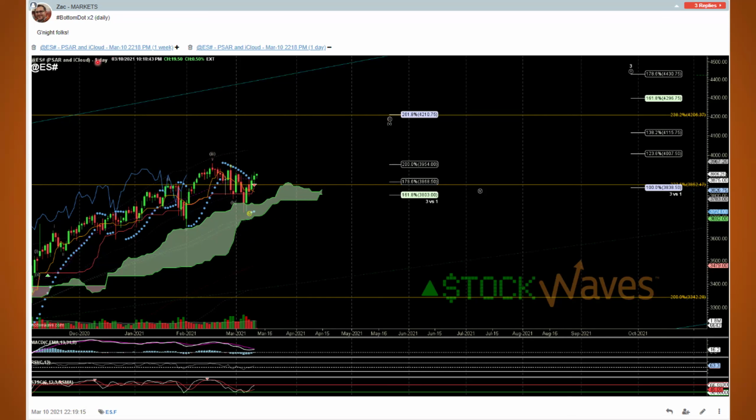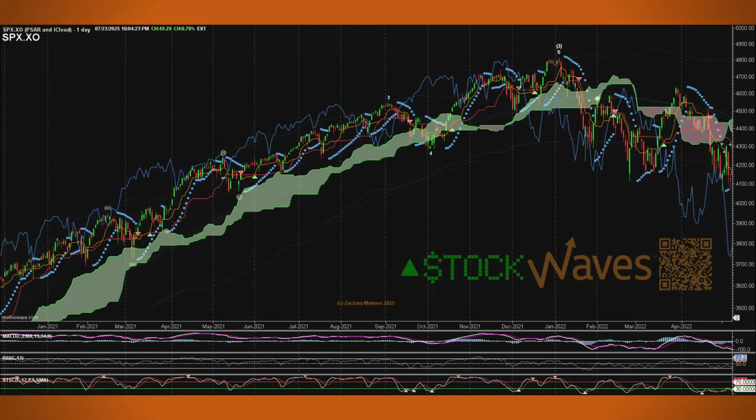Again, I use these mostly on the larger time frame and zoom into the more specific Elliott wave structure on the smaller time frames, but not using that with these features. So we have two PSAR dots and the way that held support in the cloud as more confirmation of the bullish trend being ready to continue. And continue it did from that March low.